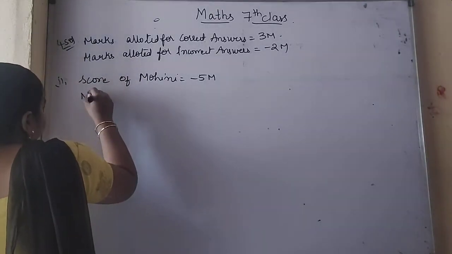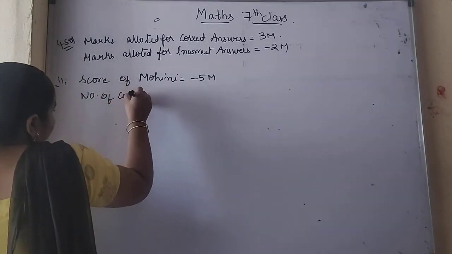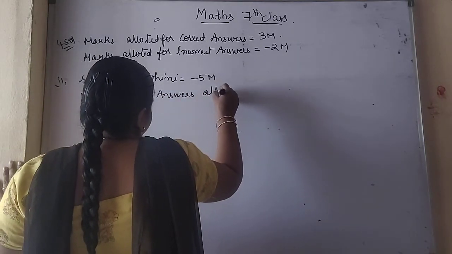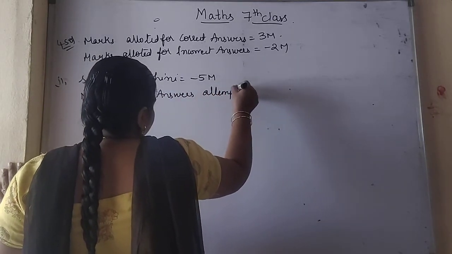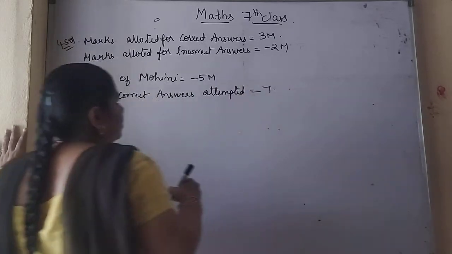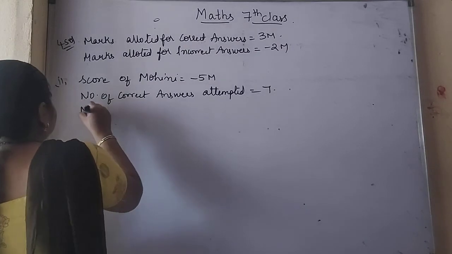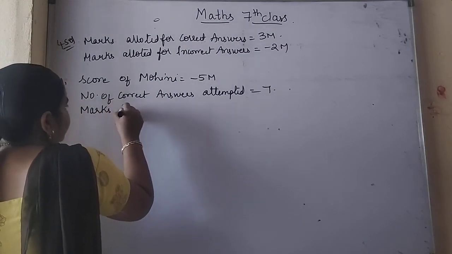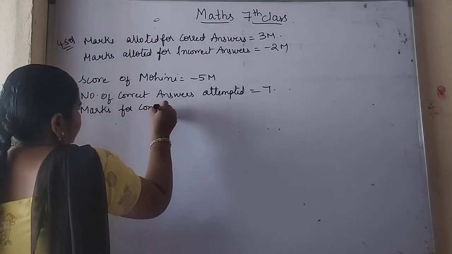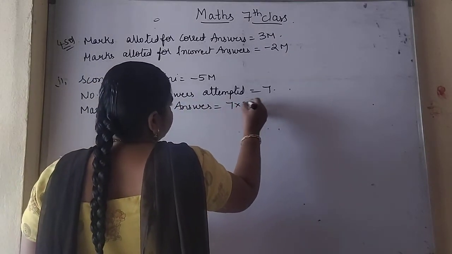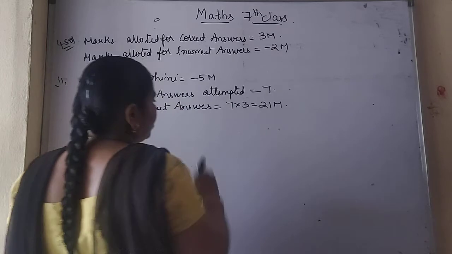So number of correct answers attempted is 7. So for every correct answer they are giving 3 marks. So marks for correct answers will be equal to 7 into 3, that will be equal to 21 marks.